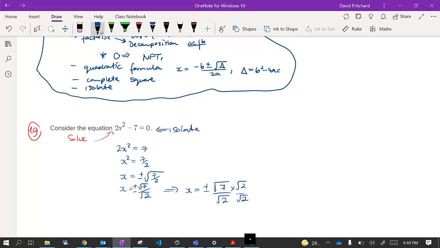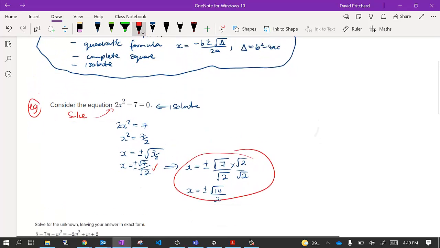Square root of 2 times square root of 2 is just 2. And square root of 7 times square root of 2 is square root of 14. So we end up with plus or minus square root of 14 on 2. We've done something nice. We got rid of that surd off the denominator. Now, at this stage, I'm happy with that answer. This is a better answer, so just keep that in mind.